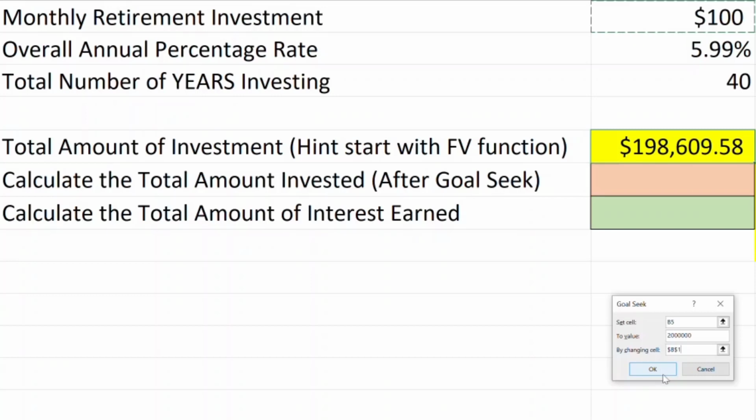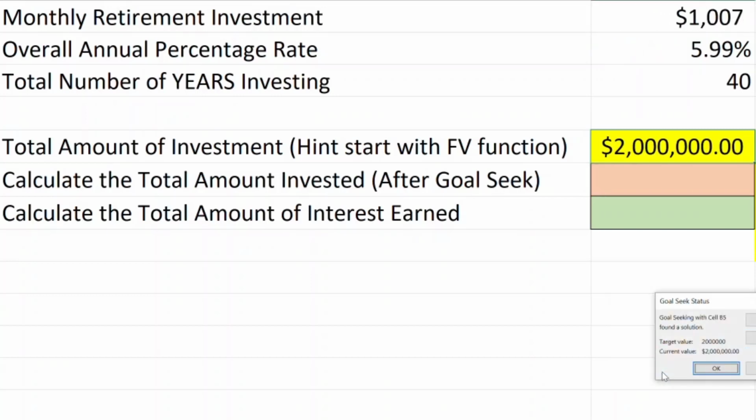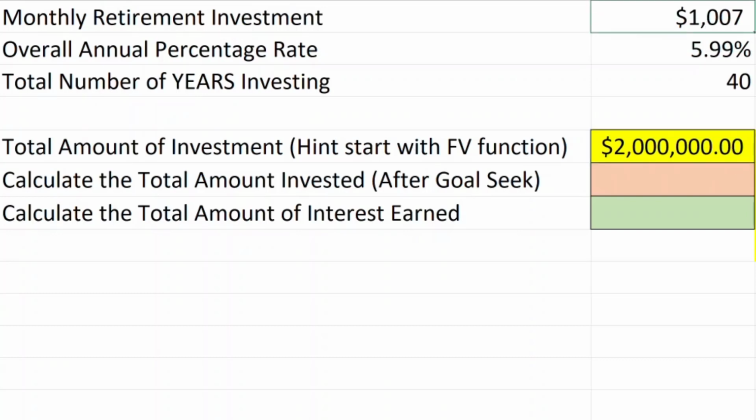So we put those numbers in, it does the calculation for us, we hit OK, and boom, suddenly we see that in order to have exactly $2 million, we have to invest, I'm going to make this into decimal places. If you did, great. If you didn't, that's okay. But notice we have to invest exactly $1,007 over 40 years to have $2 million.